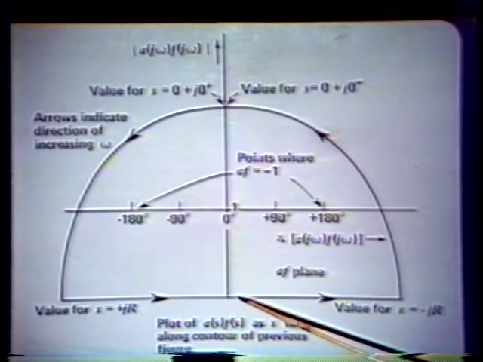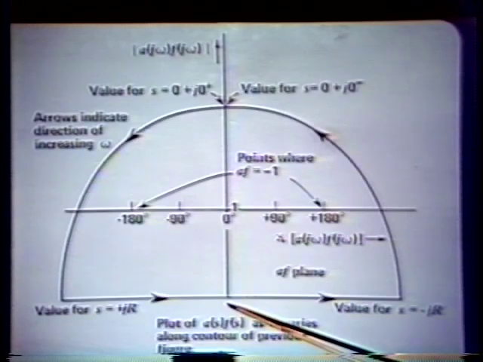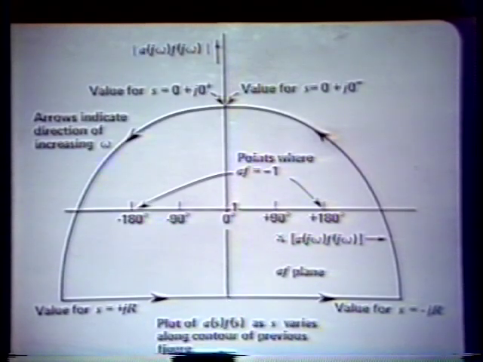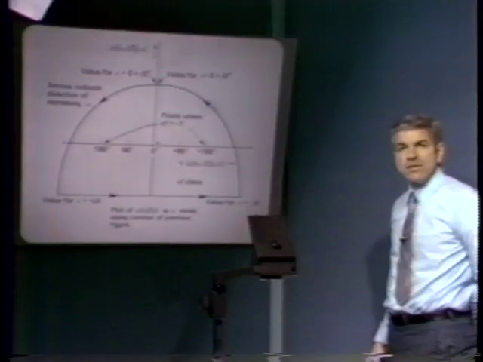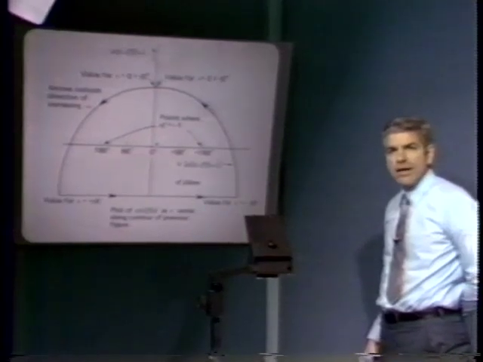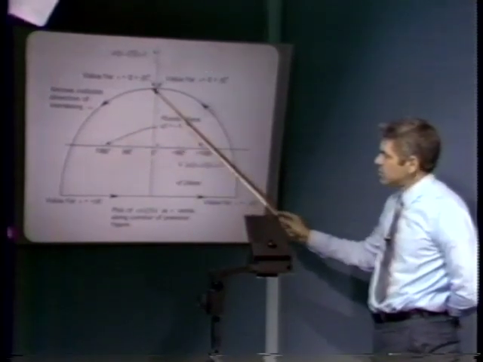And we find out, of course, that since AF has to correspond to a physically realizable transfer function, there has to be symmetry in this AF plot, and that symmetry is shown.